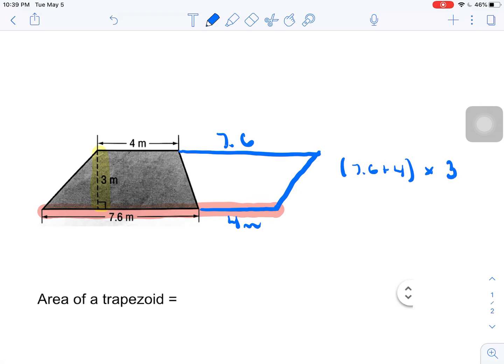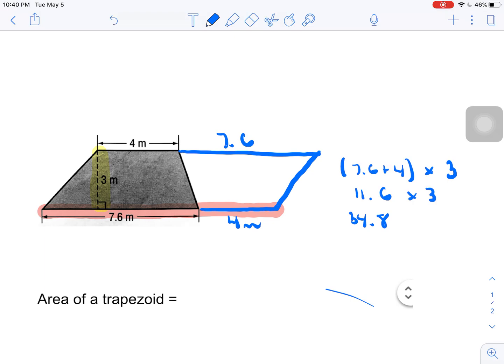So we can go ahead and work that part out. 7.6 plus 4 means that the total base along the bottom of the parallelogram is 11.6. And then we multiply that times height, because base times height. So we get 34.8. But you have to remember that 34.8 is for 2 trapezoids, because we have the upright trapezoid and the upside down trapezoid that we put together.